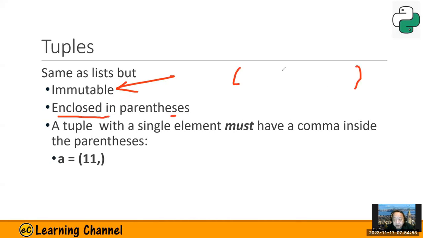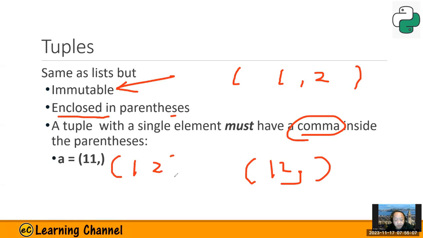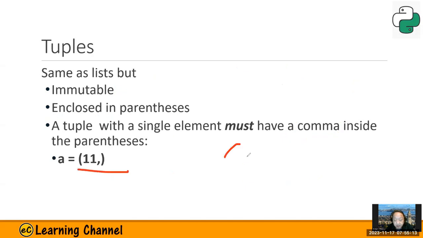A tuple with single element must have the comma inside. So if you have a tuple with a single element, you need to finish with a comma. Don't write it as (12) with parentheses only. This is not a tuple. So must write (12,). This is a single element tuple.